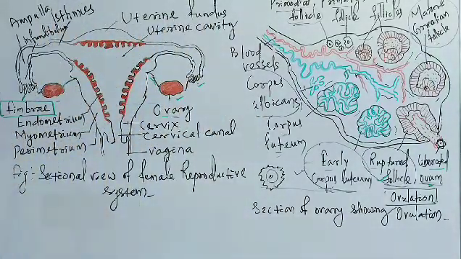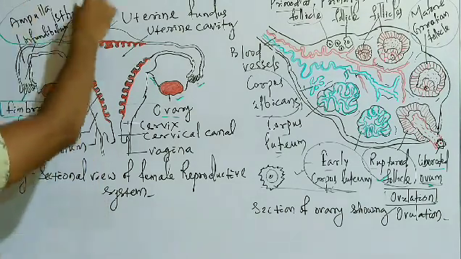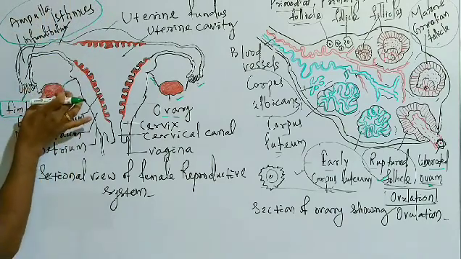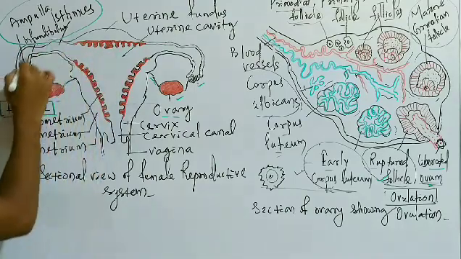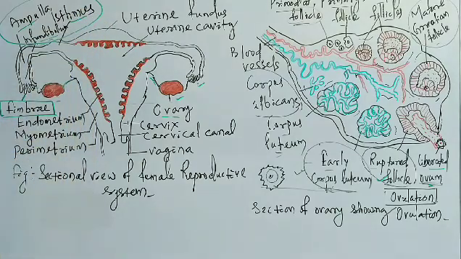Clear? So the fimbriae receive it, and this fallopian tube is divided into three important parts. If we go from the ovary towards the uterus, the first part is the infundibulum, then the ampulla, then the isthmus.